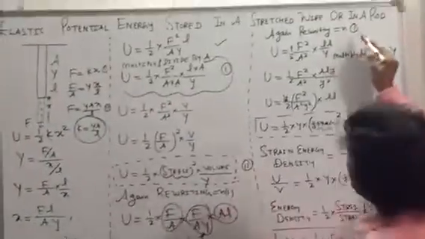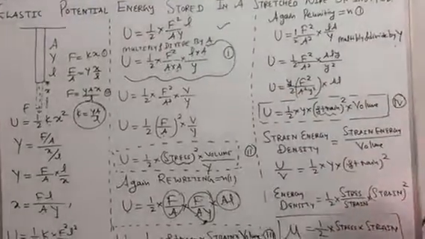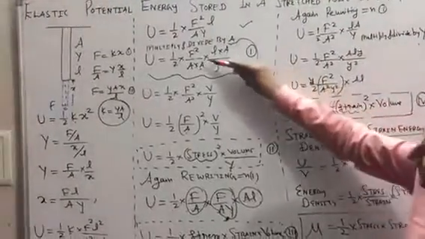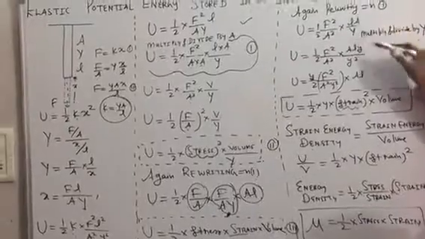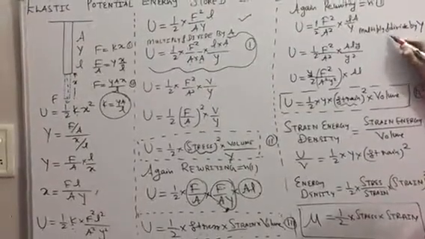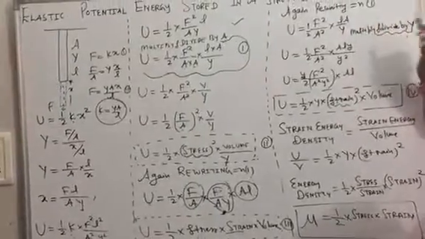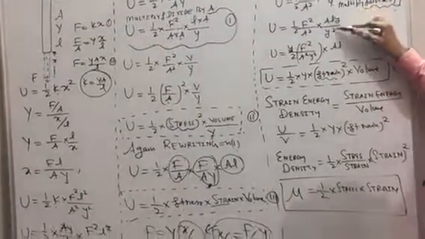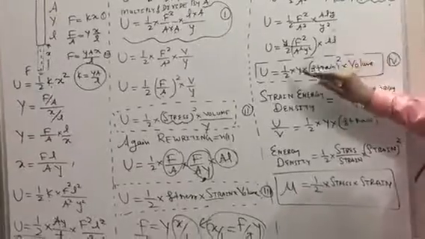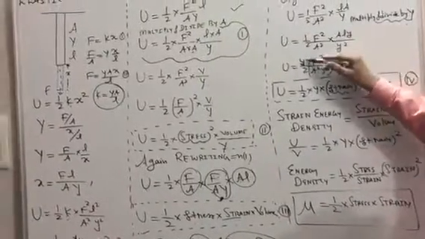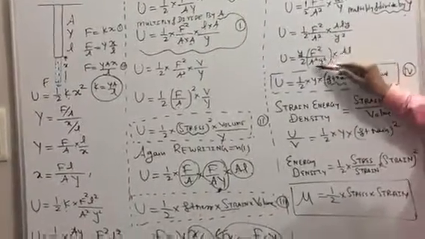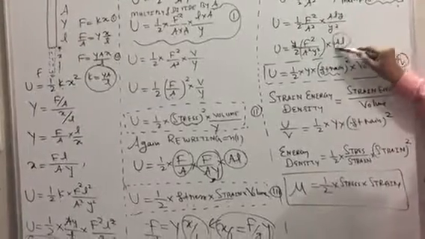Now, again rewriting equation 1. Half F square upon A square, AL upon Y. Now what I have done is, I have multiplied and divided equation 1 by Y, and below it becomes Y square. My dear students, this Y is taken out: Y upon 2, F square upon A square Y square into AL.